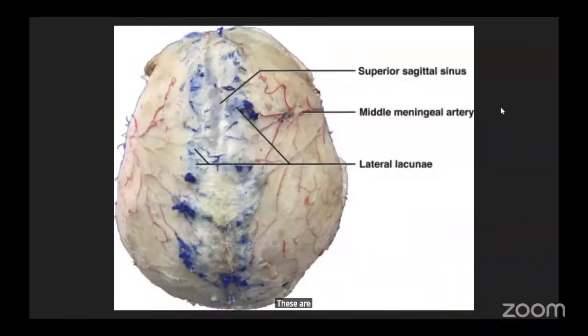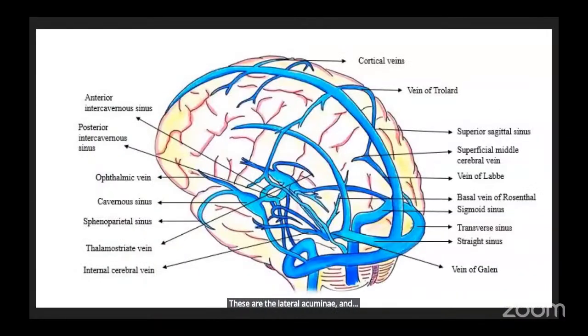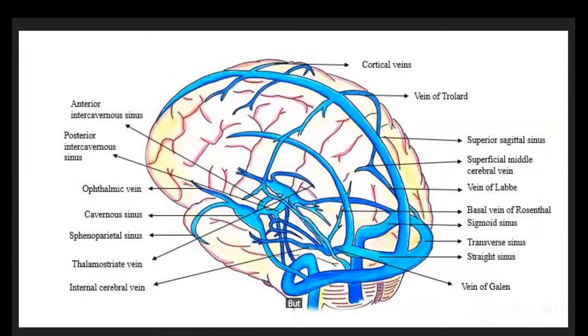These are the lateral lacunae, and let's look at the venous drainage here. We have covered the venous drainage before in different sections, frontal lobe anatomy, Sylvian, etc. But I decided it was probably a good idea to include that as well.